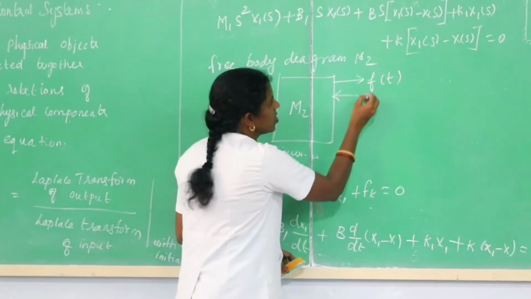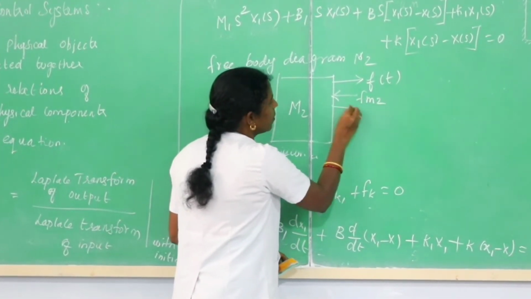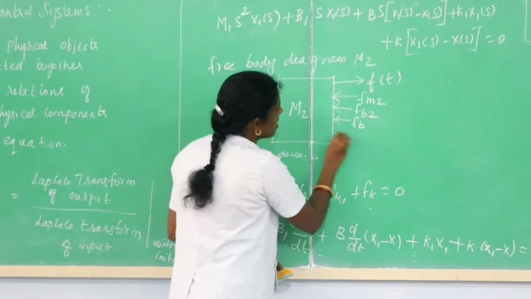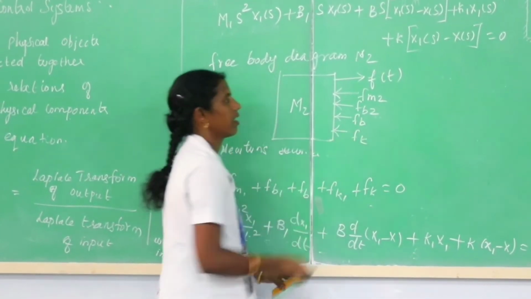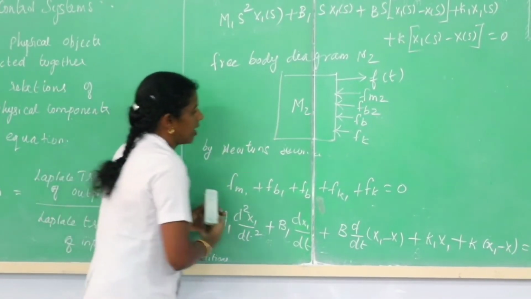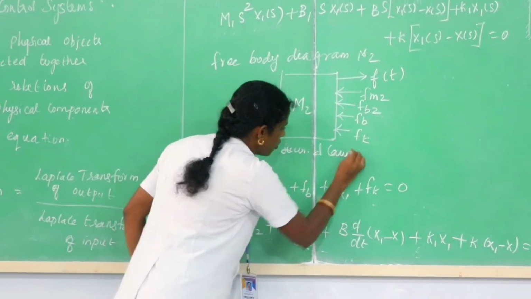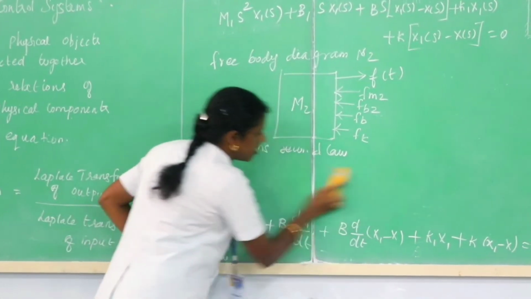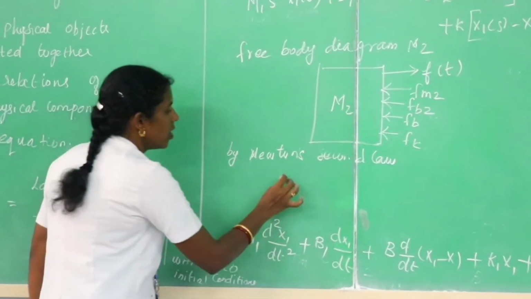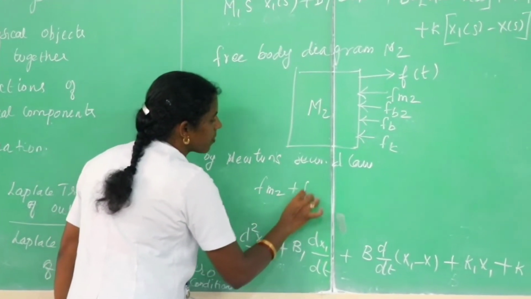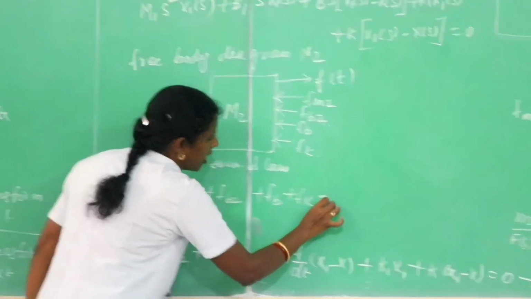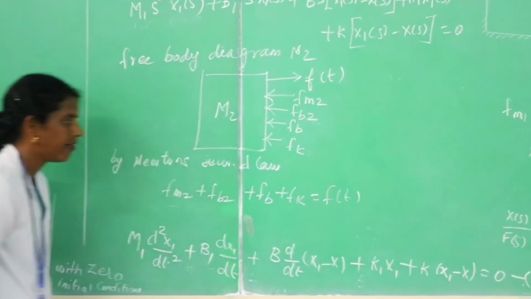The opposing forces are Fm2, Fb2, Fb and Fk. By using Newton's second law again, we write the equation: opposing forces equal to the applied force. So, Fm2 plus Fb2 plus Fb plus Fk is equal to F of t.